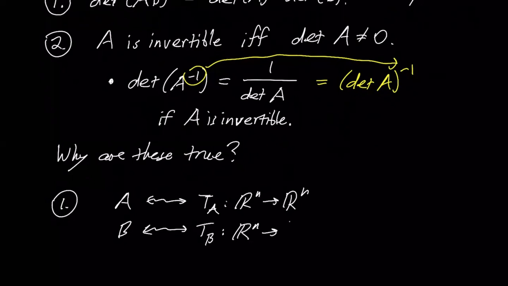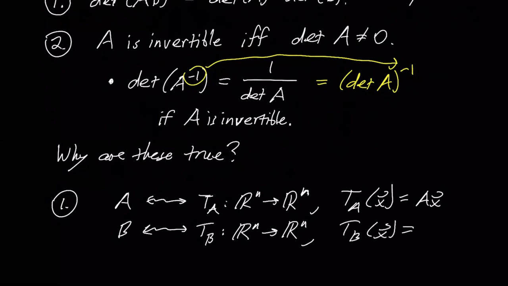These are linear transformations from n-dimensional space to itself. The transformation is given by a matrix, and T sub B of X is B times X.